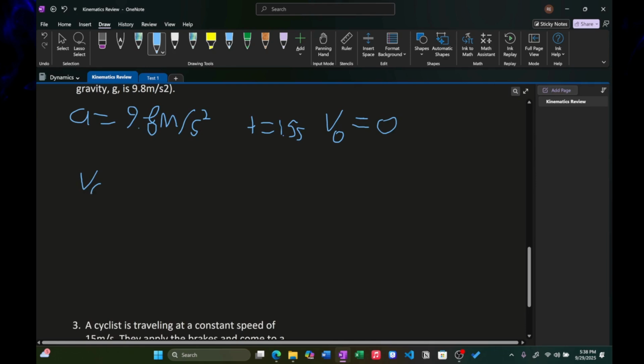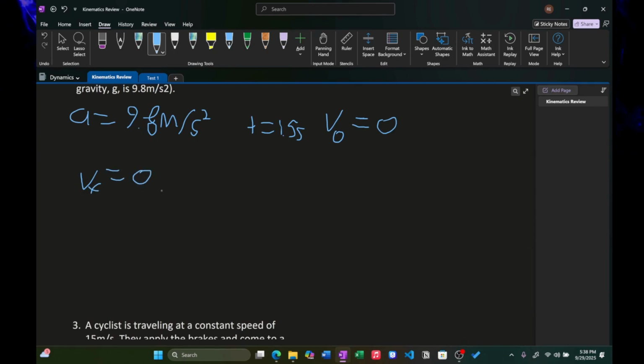Velocity final equals 0, the initial velocity, plus 9.8 times 1.5. That means our velocity final will be equal to 14.7 meters a second, I believe.